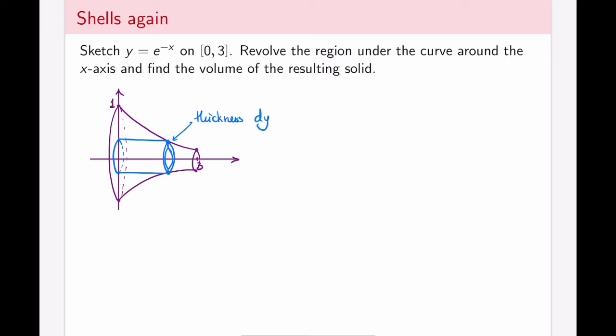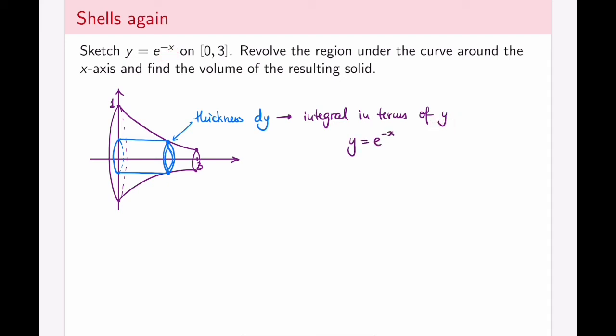And then the rest of it will therefore have to be set up in terms of y. So this means that the integral is going to be in terms of y. This now means too that I can't work with the function as I have it written down. I'm going to have to rework it so that my function is in terms of y, not in terms of x. So let's do that first.